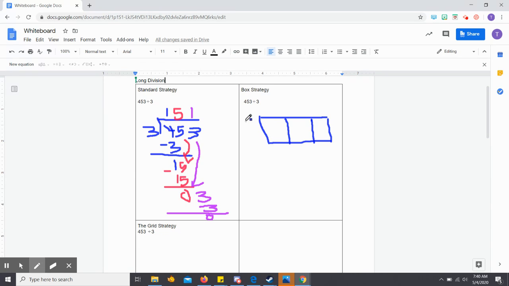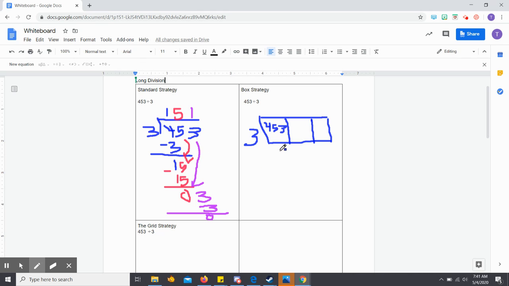And I'm going to put what I'm dividing by, similar to this one, on the outside. I'm going to put my answers along the top, and I'm going to put my whole number, 453, in this first box.